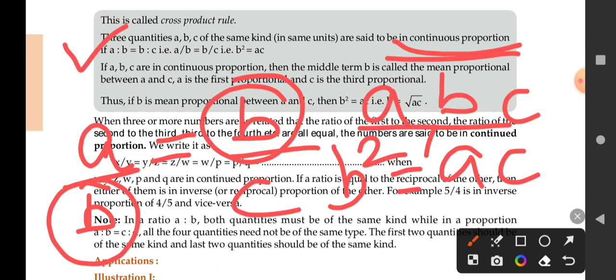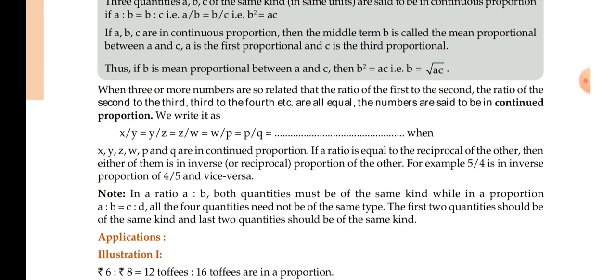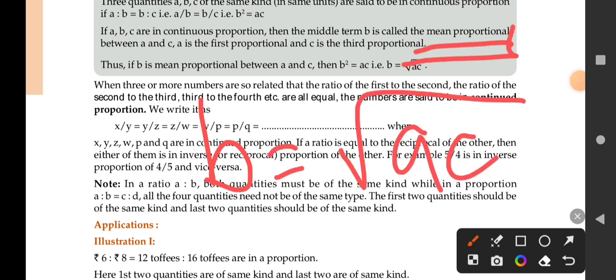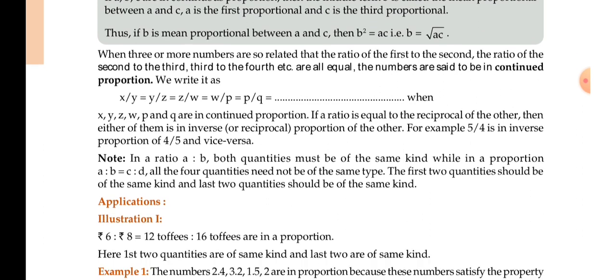These three terms are said to be in continuous proportion. So B is equal to the square root of the first and third terms. B is called the mean proportional between A and C. A is the first proportional and C is the third proportional. Hence, A, B and C are in continuous proportion.